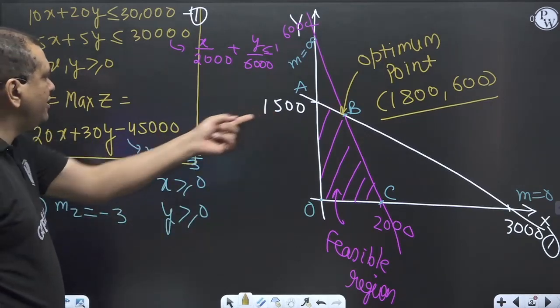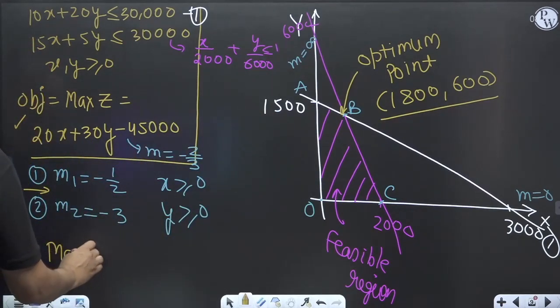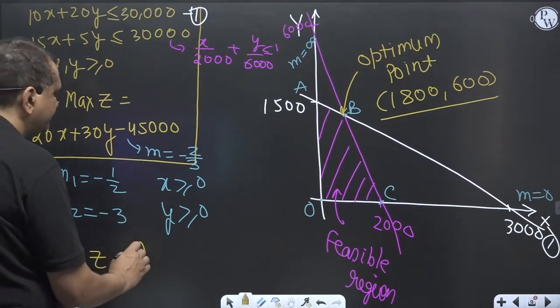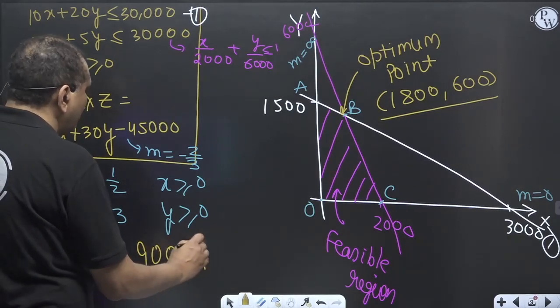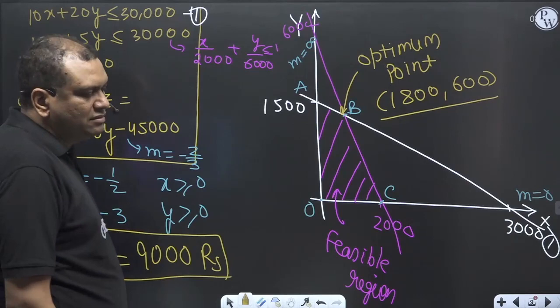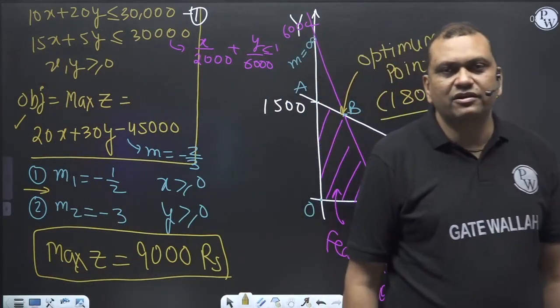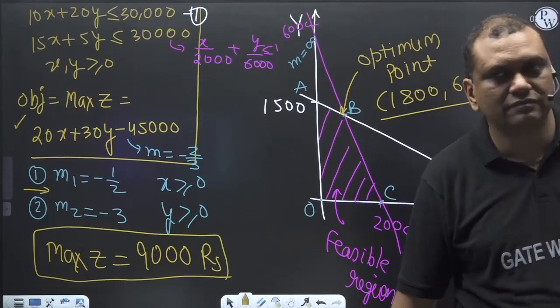Put this value in the objective function. So maximum net profit, put the X value 1800, Y value 600. The maximum Z will be 9,000 rupees. 9,000 rupees net profit is your optimum value.